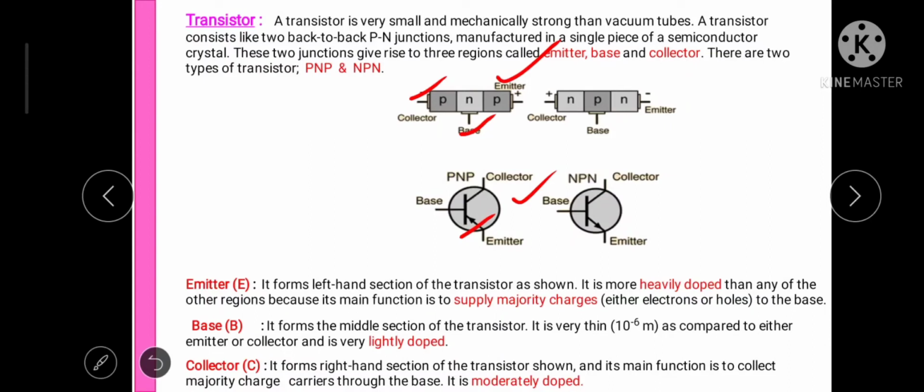The same rule is applied to the NPN transistor. Here the arrow is also on the emitter terminal, but its direction is from base to emitter, because here the base is P type and the emitter is N type. That's why the arrow always indicates P to N side.